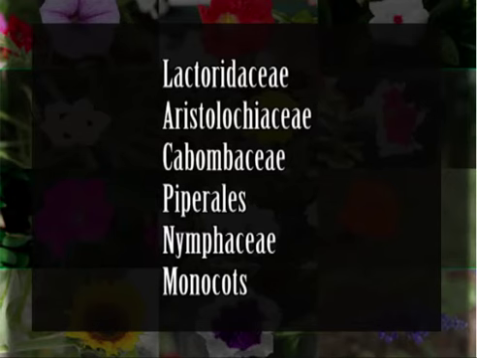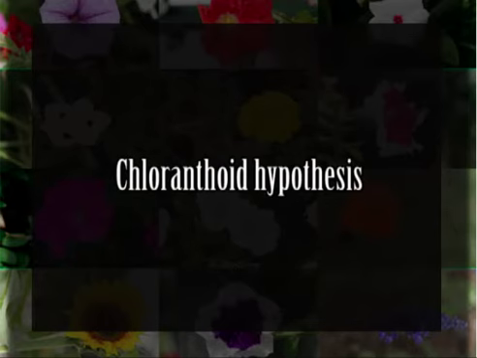Another theory is the Chloranthoid hypothesis. This hypothesis suggests that flowering plants evolved from chloranthoid ancestors, not unlike the modern angiosperm family Chloranthaceae.